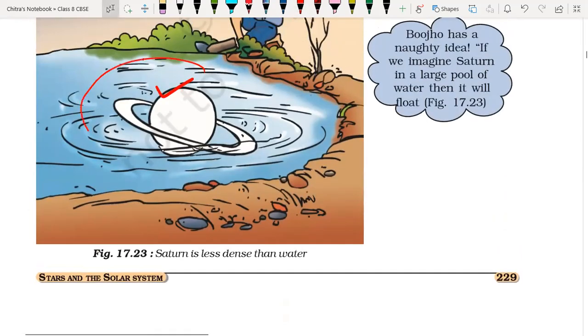Suppose this is a large enough water body. If you place Saturn here, it is not going to sink, it is going to float on the water, because its density is less than that of water. So it is going to float, not sink.